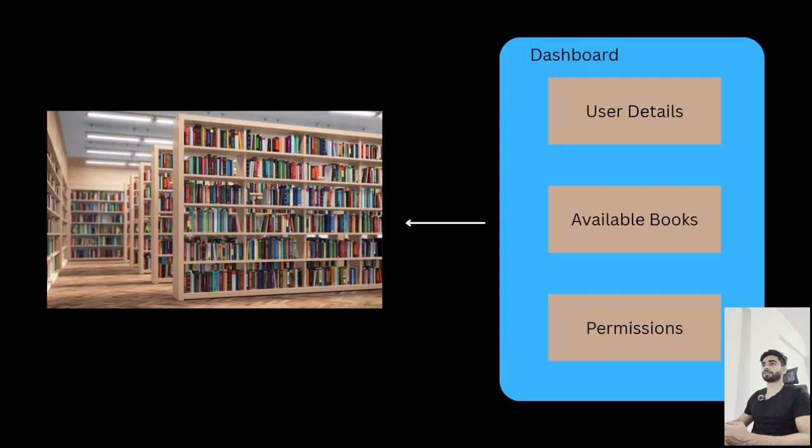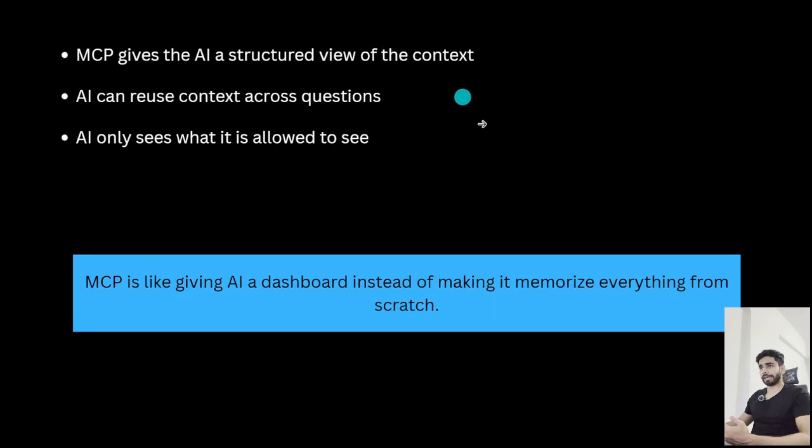Understood? Instead of stuffing all the information into the prompt every single time, MCP gives the AI a structured way of getting context. AI can reuse context across questions. AI only sees what it is allowed to see, and now the AI can answer which books are overdue, or whether this user can reserve a book, without repeating the entire story every time, right? So in short, MCP is like giving AI a dashboard instead of making it memorize everything from scratch.